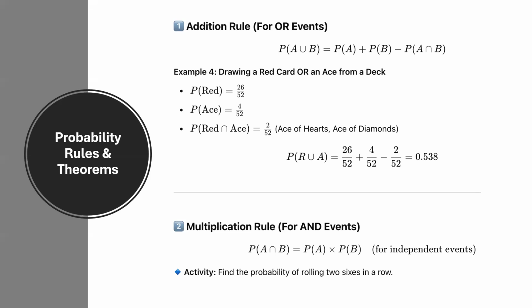So the probability of getting an ace will be 4 divided by 52. Now let's solve an interesting piece: the probability of getting a red card or an ace.